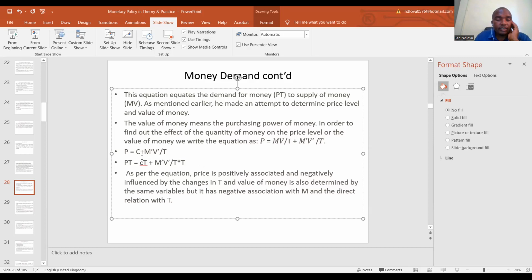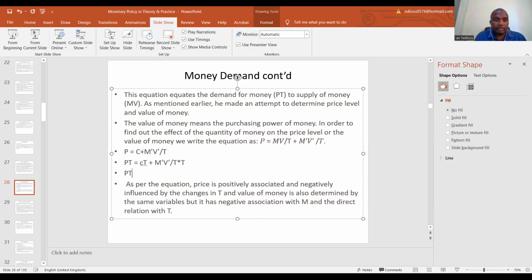But this C, remember what the C actually is. The C is actually MV over T. It's now being multiplied by T, and then plus MV.